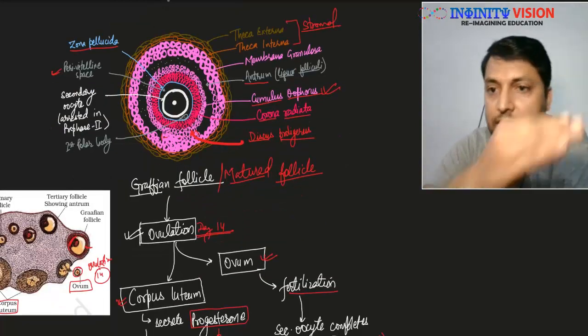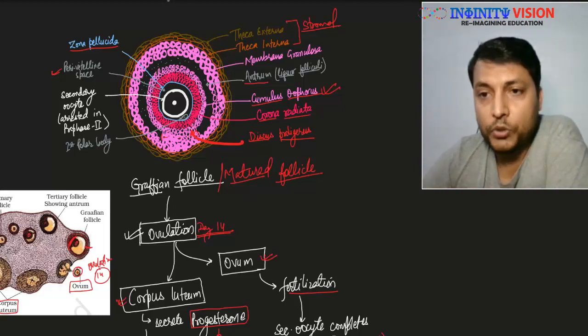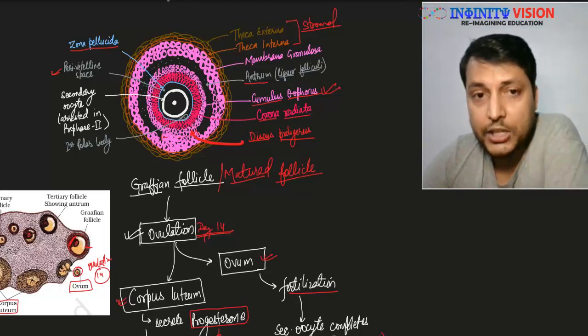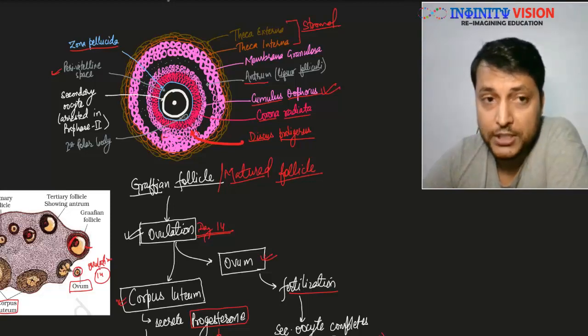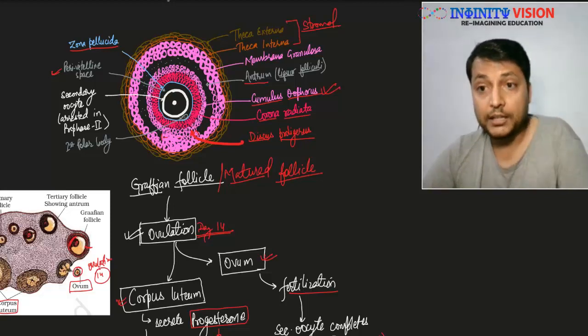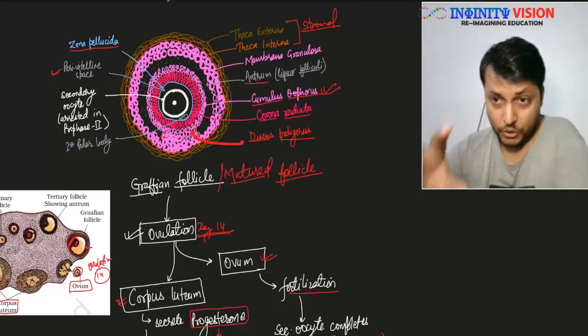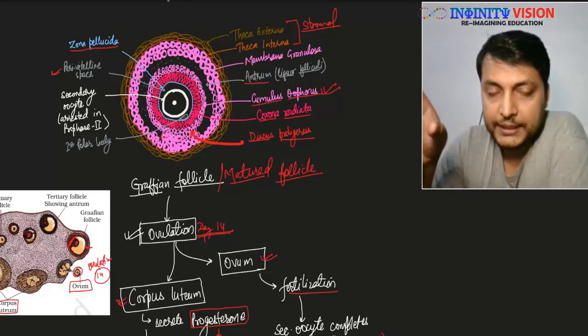In this process, the wall of the ovarian follicle ruptures, the wall of the ovary ruptures. As a result, the internal structure having the secondary oocyte, first polar body, corona radiata, and some cells of cumulus oophorus are released. Now, this whole released structure is called ovum, right?